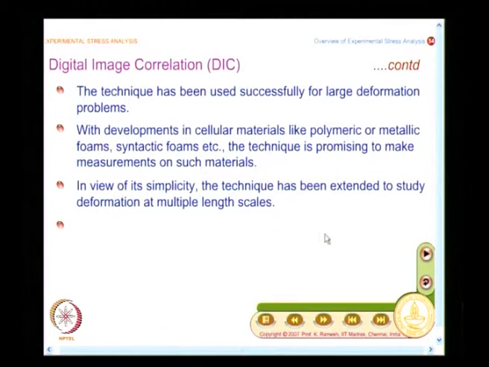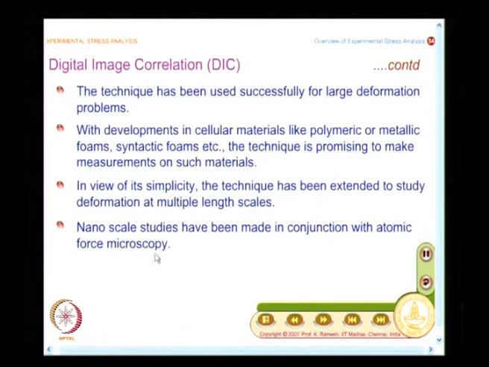These days we talk of nanomechanics. So, nanoscale studies have been made in conjunction with atomic force microscope, where you have a beam that you use inside. If you want to make measurement, people have used digital image correlation, and you are able to do even nanoscale studies.